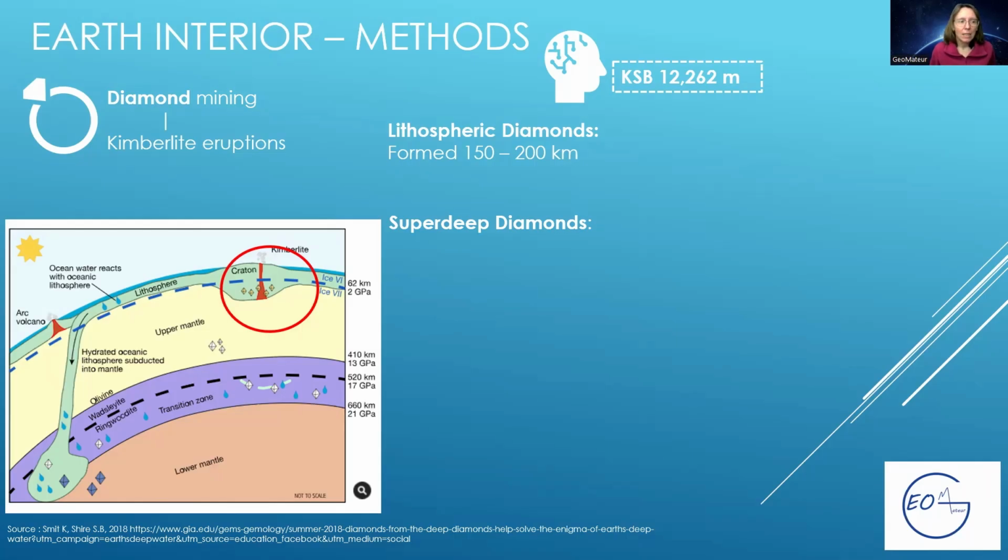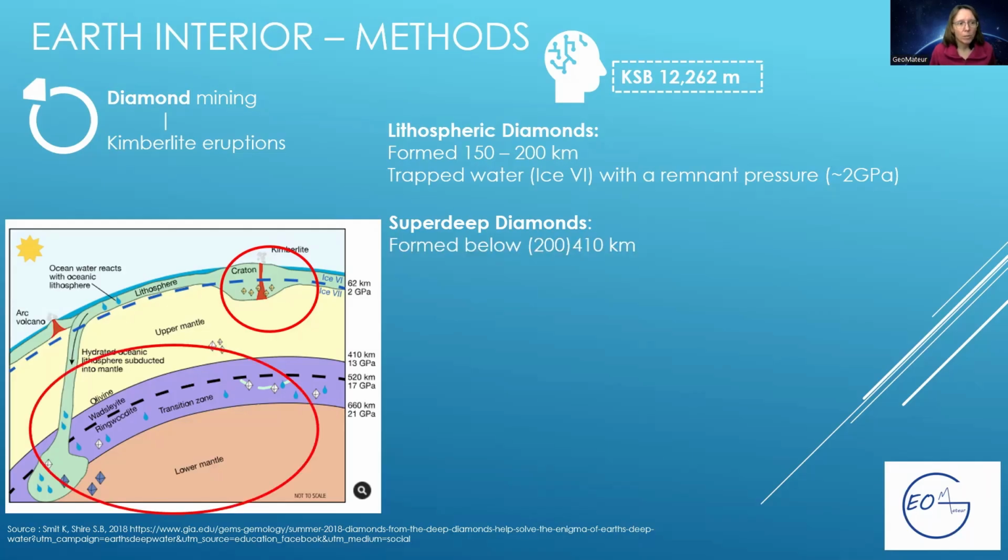And so the diamonds give us information about surroundings if they trap water. In this case, the pressure that's still remaining in the trapped water. Similarly, super deep diamonds are formed below 200 kilometers, mostly below 410 kilometers.